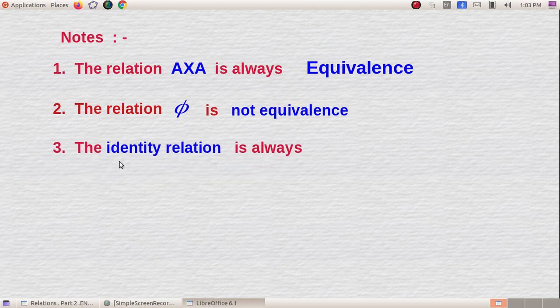What about the identity relation? Yes, we mentioned earlier that the identity relation is an equivalence.